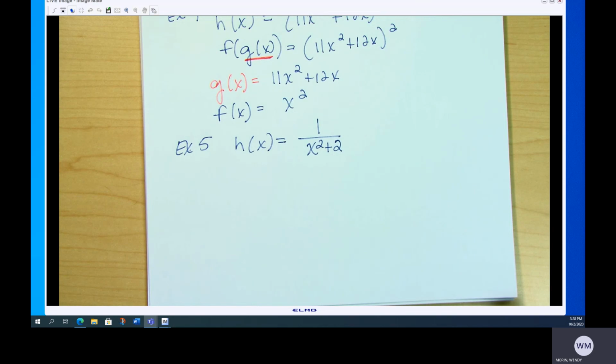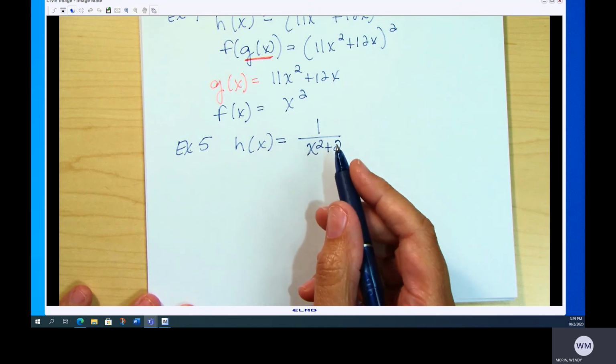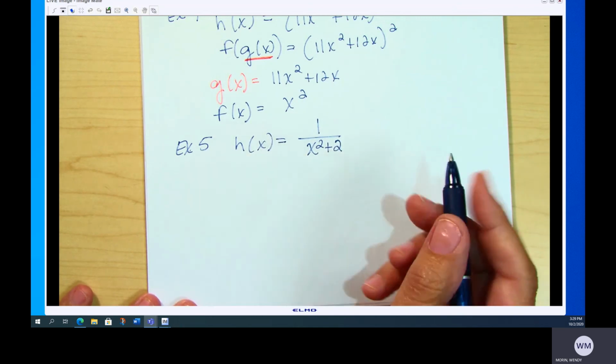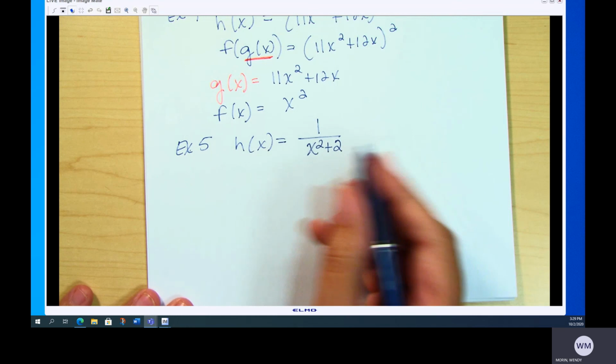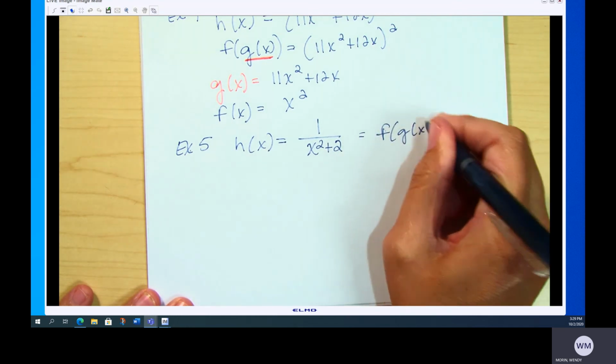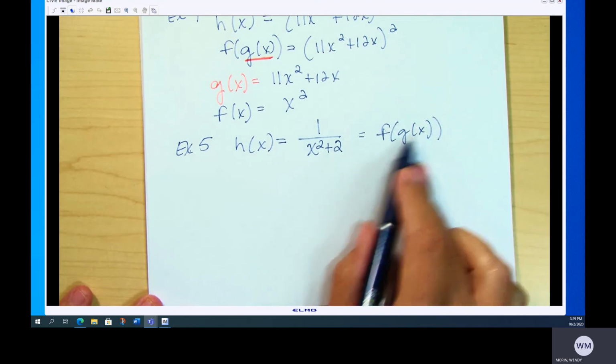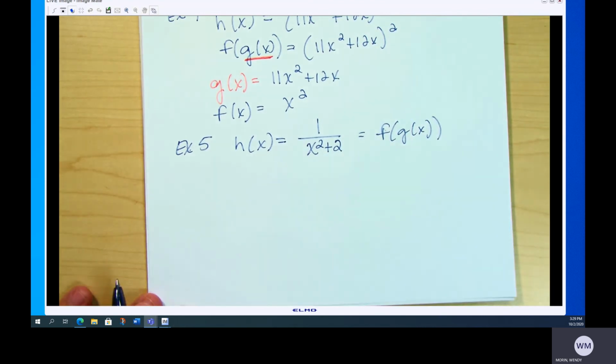And that was the composition of f of g of x. So this is f of g of x. Our composition resulted in this. See if you can figure that one out. You can stop the video and give it a try.